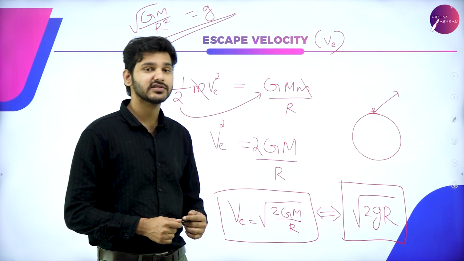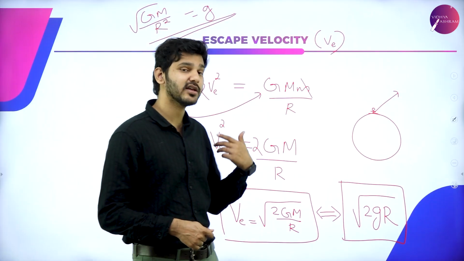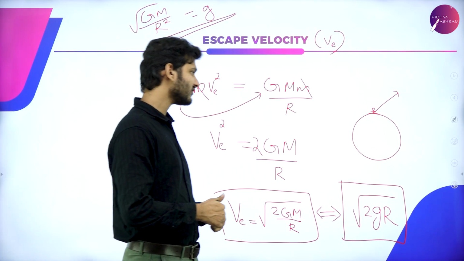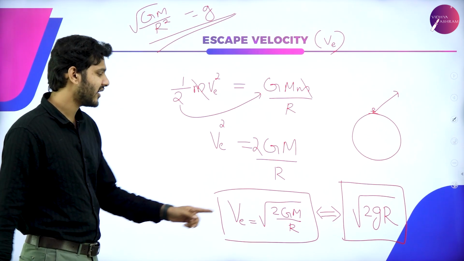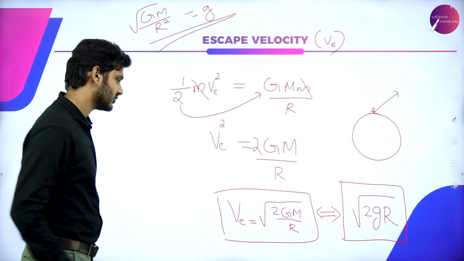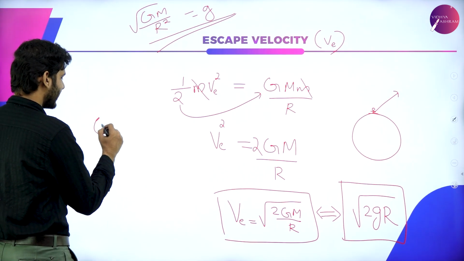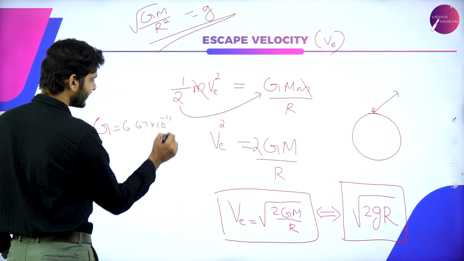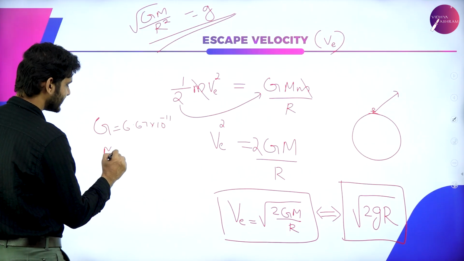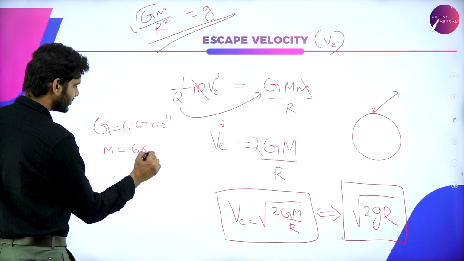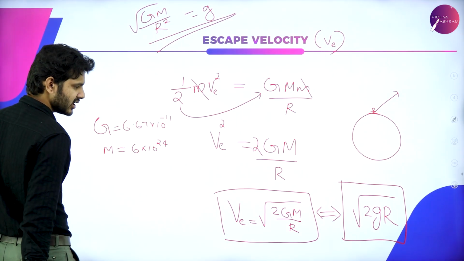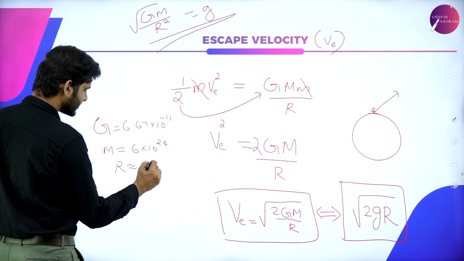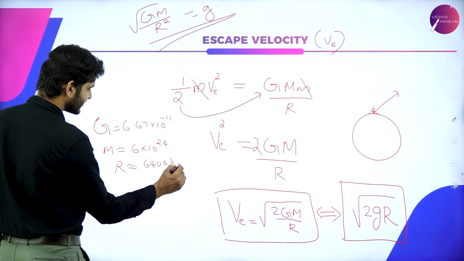Okay, so we still have to find out the escape velocity for me. You have to send me out to space so that I don't return. For that, I only have to plug in these quantities. We know that the gravitational constant is 6.67 into 10 raised to minus 11, the mass of the planet is approximately 6 into 10 raised to 24 kilograms, and the radius of the planet is approximately 6,400 kilometers.